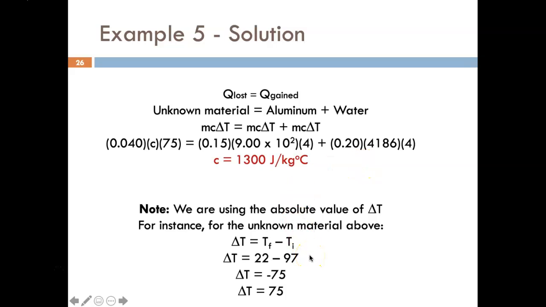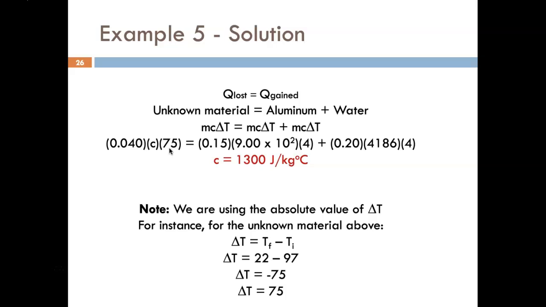So the final temperature was 22 for everything. So when you think about it, the unknown material went from 97 to 22, minus 75, but we're going to be using 75 over here.